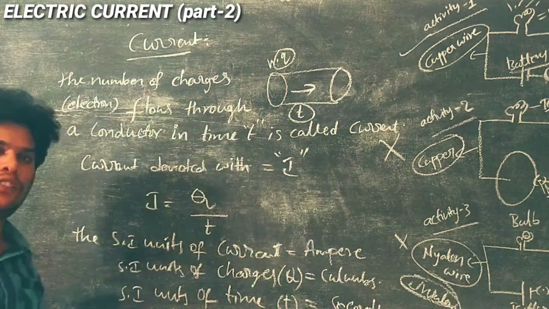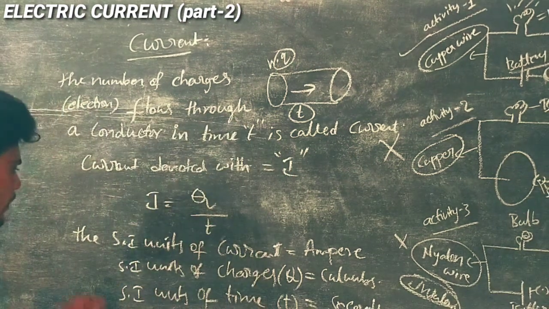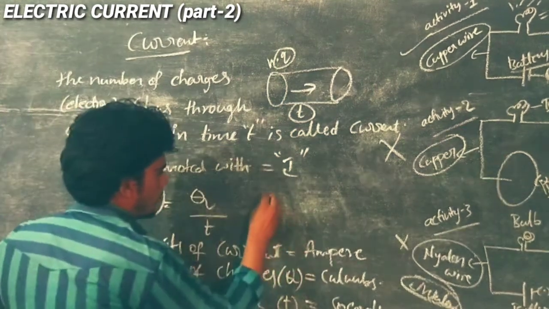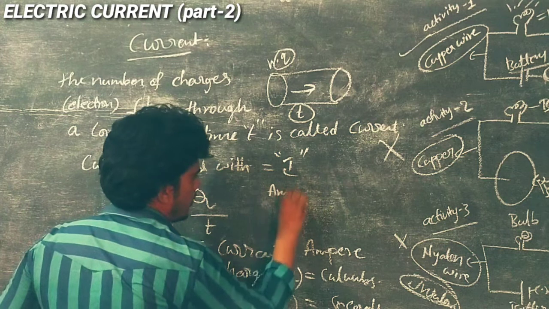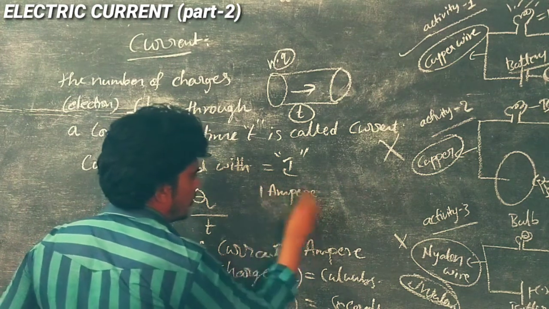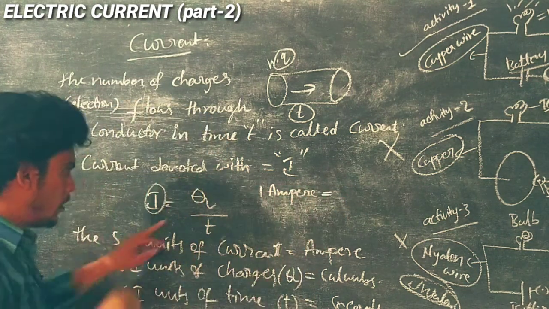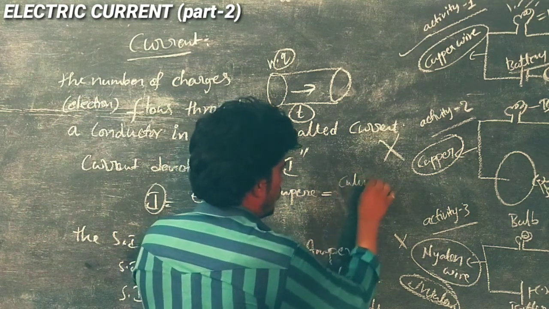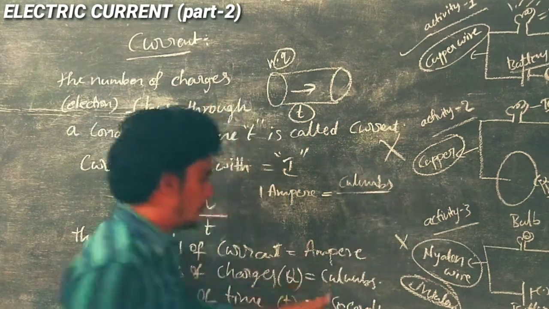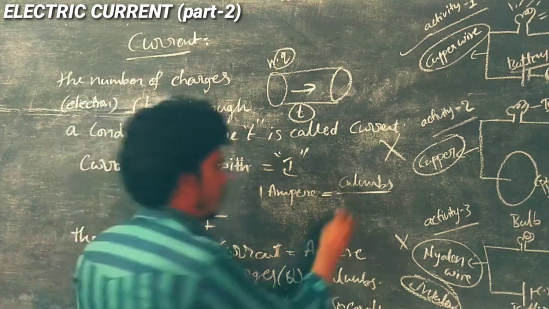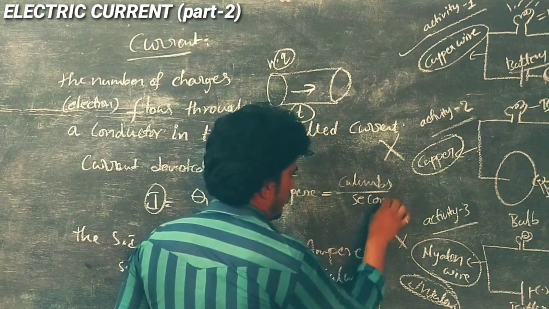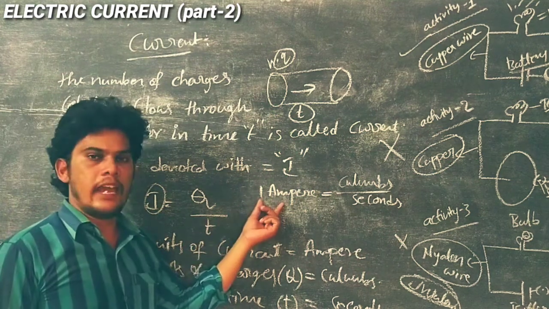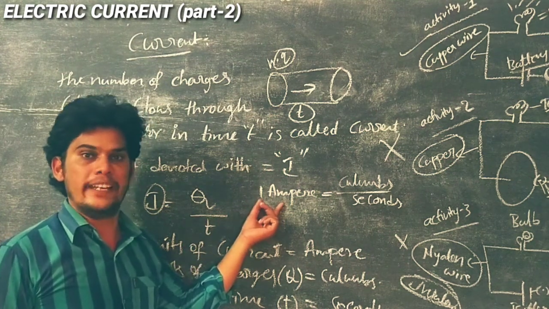So from these values you can write the current formula. Look here, the SI unit of current I is ampere. So 1 ampere equals Q, coulombs, by time, seconds.